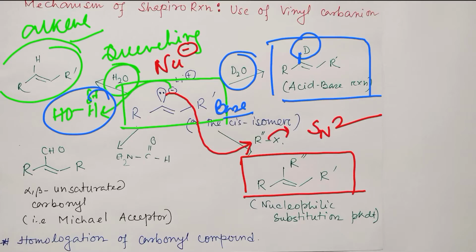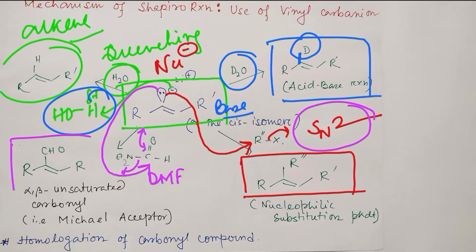And finally, instead of such a direct SN2, you can do another reaction, like if you take dimethyl formamide, N,N-diethyl formamide or DMF, what can happen is that this negative charge can attack here, and it can open up, come back and push to leave this NEt2 minus, and ultimately it results in an aldehyde. Actually not just aldehyde, better to say alpha beta unsaturated aldehyde or alpha beta unsaturated carbonyl, which can act as a Michael acceptor.